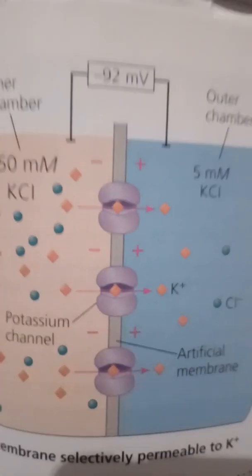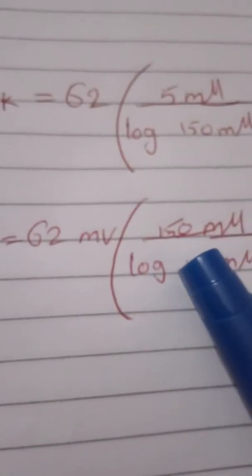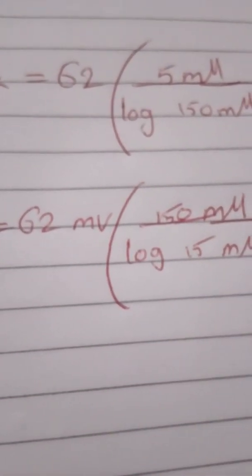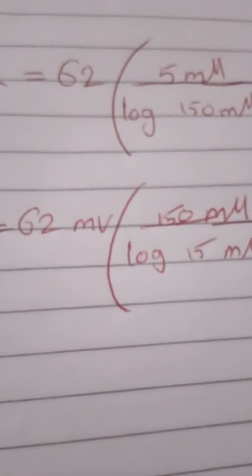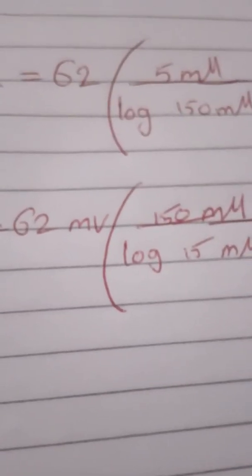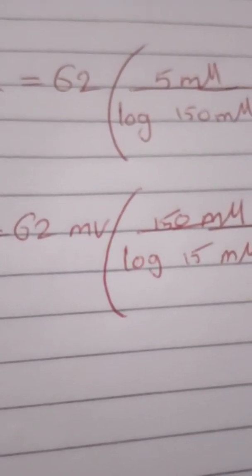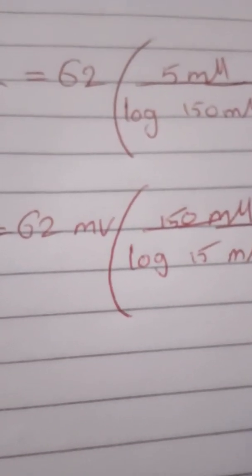Under these conditions, the Nernst equation can be used to calculate the equilibrium potential for Na+ like this. Notice that the plus sign indicates that with this Na+ concentration gradient, Na+ is at equilibrium when the inside of the membrane is 62 millivolts more positive than the outside.